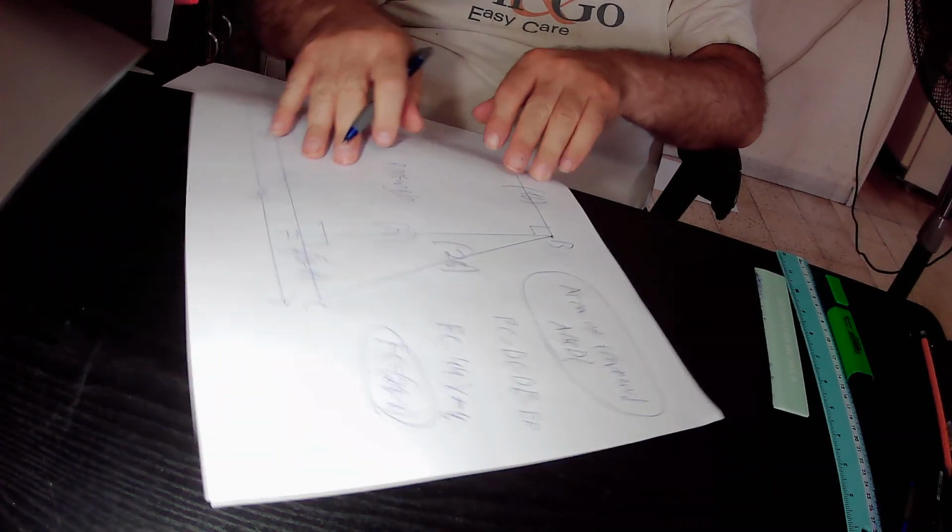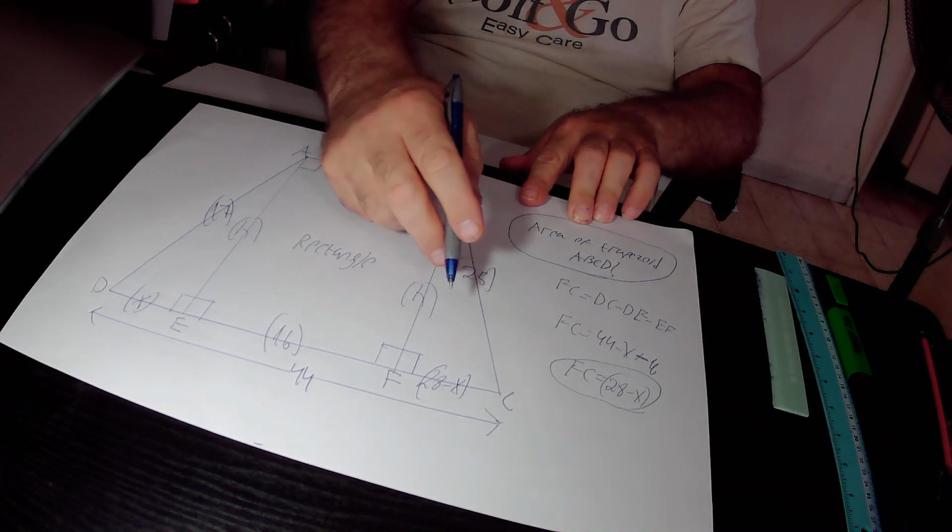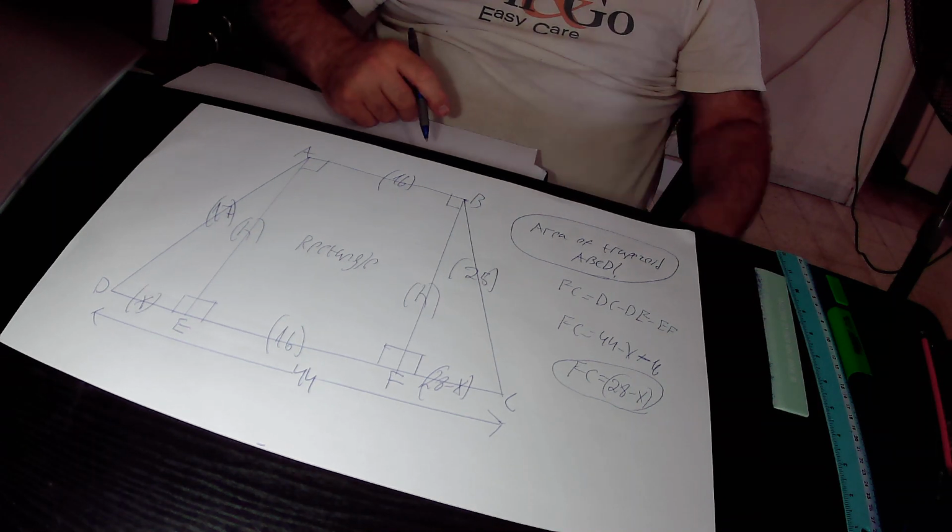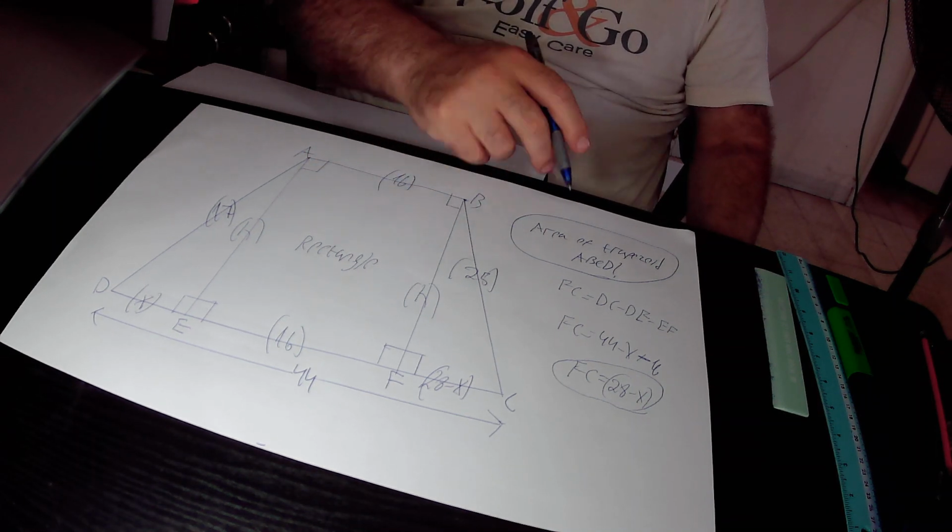In the next step, I'll copy the right triangle BFC onto a new page, and we will implement the Pythagoras theorem with this right triangle BFC.